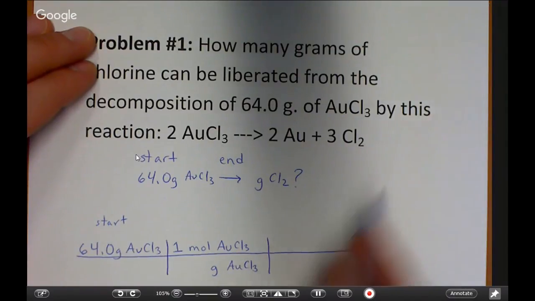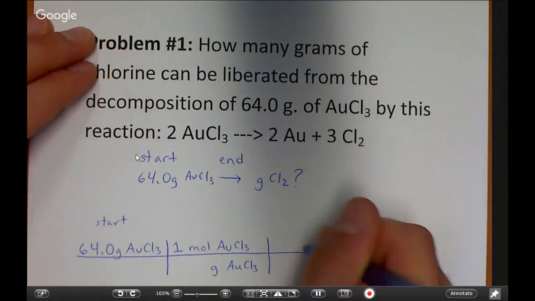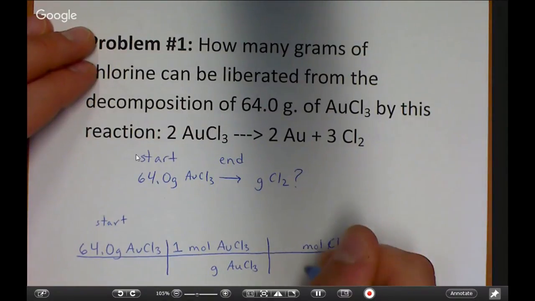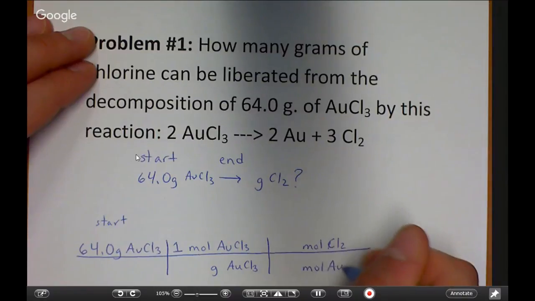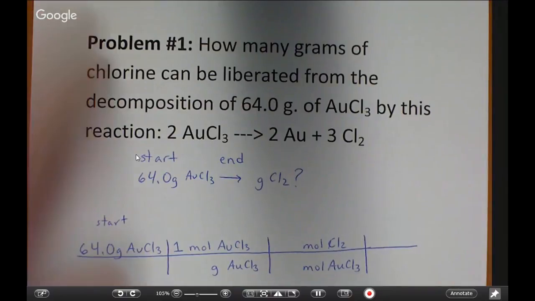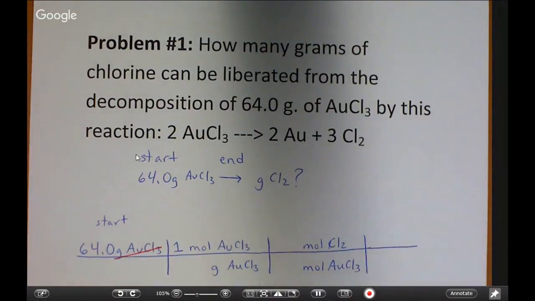As we convert to our next unit, the new unit goes on top, and the one we're getting rid of goes on the bottom. Notice grams of AuCl3 cancel, and then moles of AuCl3 cancel. So far we're at moles of Cl2.